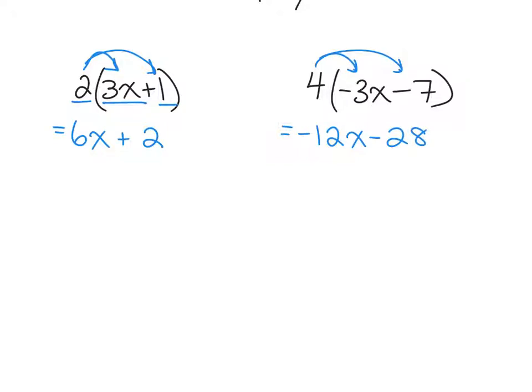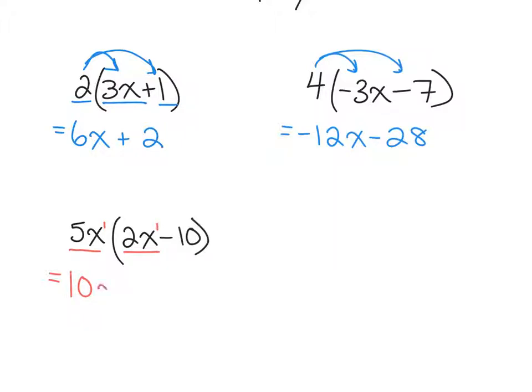Okay, let's try a trickier one. Let's say my monomial was 5x, and then in the bracket I had 2x minus 10. In this case, now I gotta remember my exponent laws that we learned earlier this unit. So when I'm multiplying 5x by 2x, I know 5 times 2 is 10. And then when I'm multiplying x times x, I know each of these x's technically has an exponent of 1 on it.